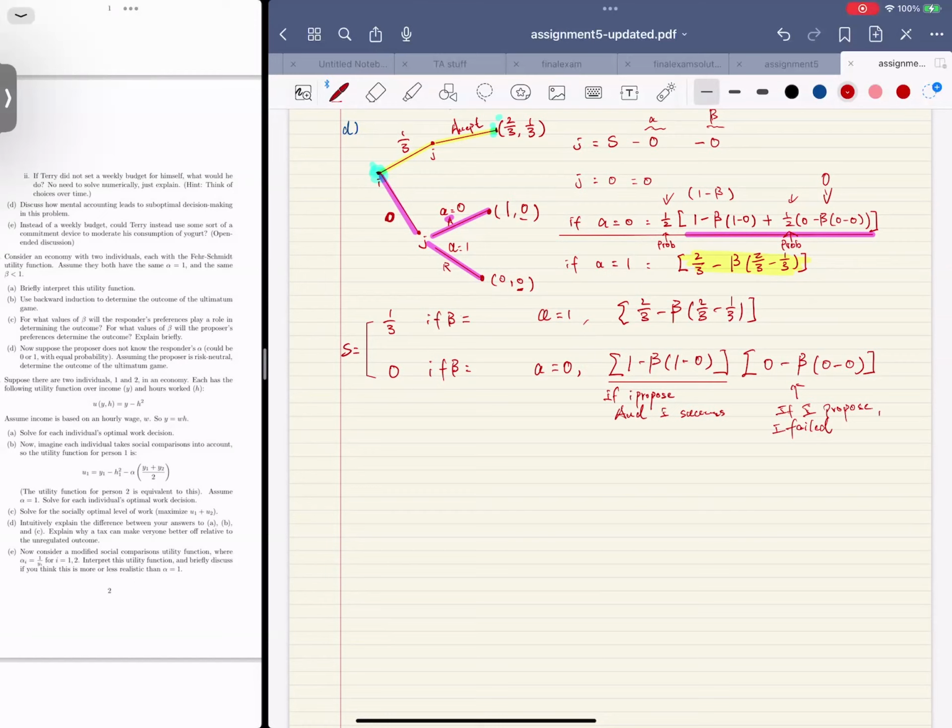So in this case, this is actually A equals 0. This is A equals to 1. Only when A equals to 1 that J is able to reject my offer. Right?